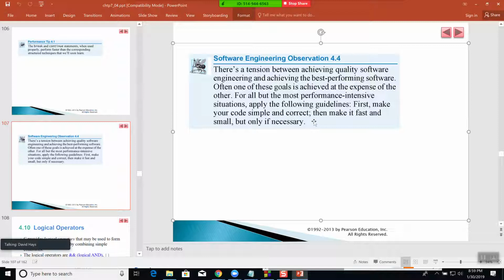And so if you first make the code simple and correct, that's fine. But if you don't do the fast part, you take that loss in speed times 10,000 circuits, and all of a sudden you've got a lag in your electronic device that's not acceptable.